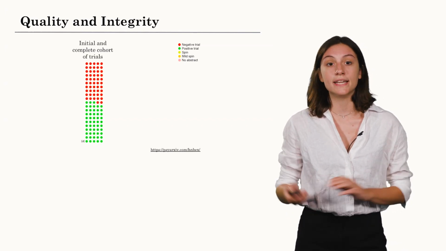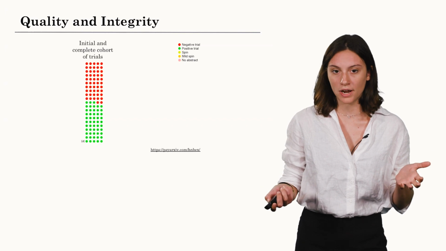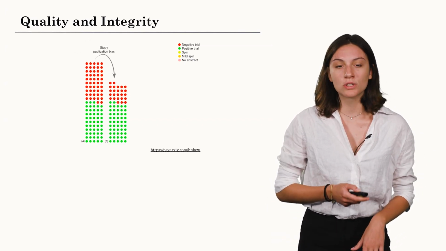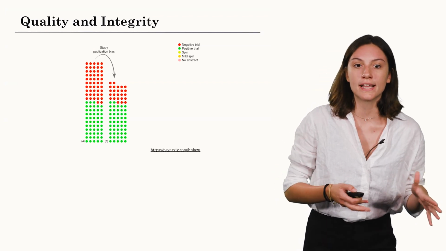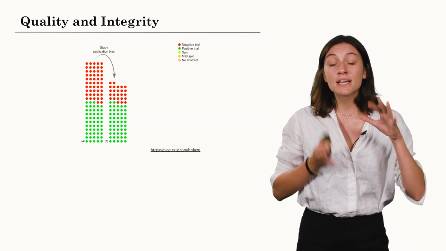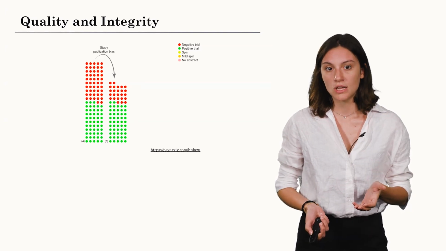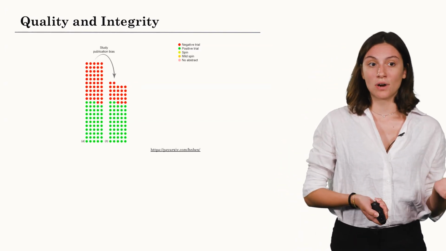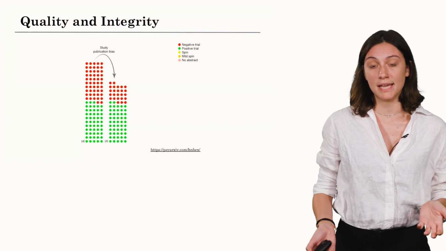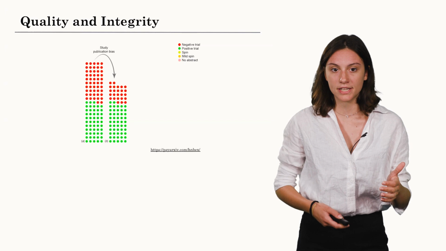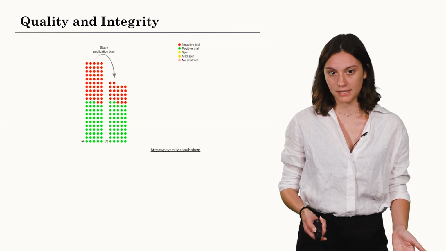So we start with the initial and complete cohort of trials, but then due to study publication bias, what happens is that already at a first stage, the biggest part of the studies that get published are the positive trials, whereas some of the negative trials don't make it into the publication system. So we already have an overrepresentation of the positive trials.